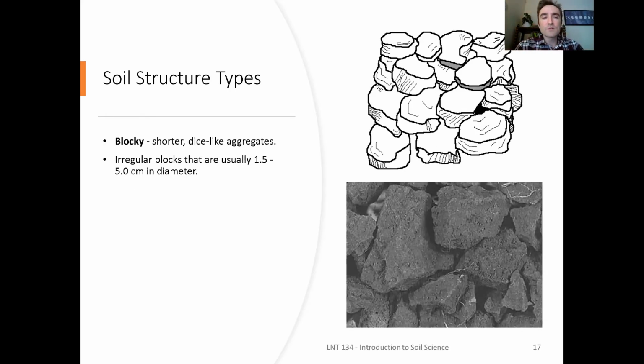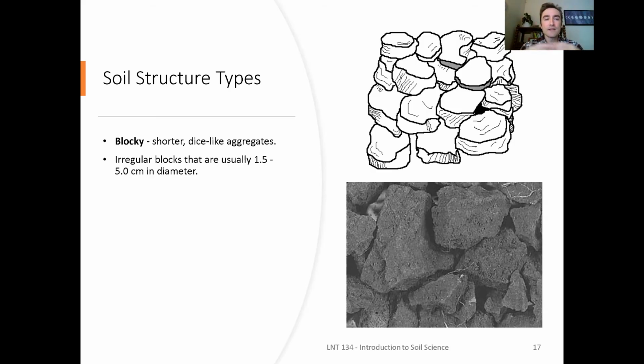Another typical subsoil, or typically a poor soil structure, is known as blocky. So if you've dug deep and you've reached a layer where there's not good structure, you found these large clumps, and we call that blocky soil structure. And they can even be kind of straight on their sides, almost like dice or like cubes.